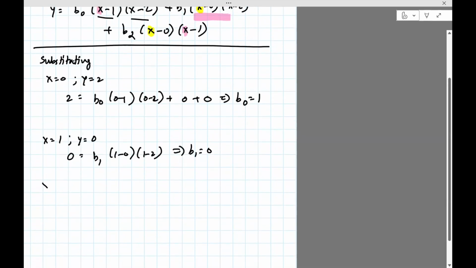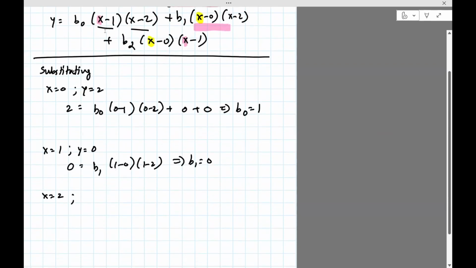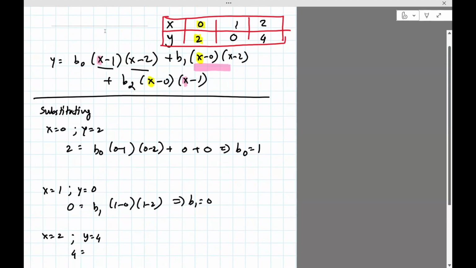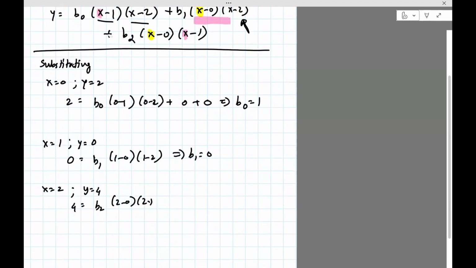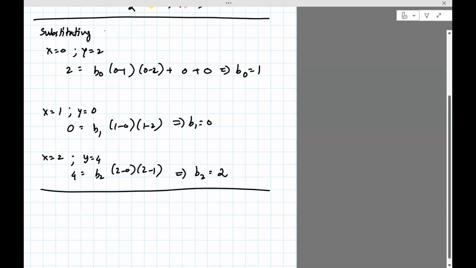Okay, and finally, if we put x equals 2, value of y is 4. So 4 equals, when you put 2, the first term will be 0, the second term will be 0, the only third term remains. So b2, 2 minus 0, 2 minus 1, b2 will be 2.